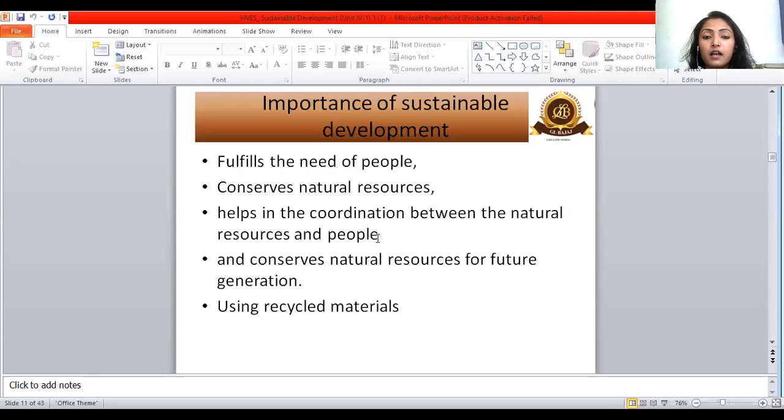If I start taking care of natural resources, there would be good coordination between both. Conserving natural resources for future generations: I should not think only about my need, I should conserve natural resources so my future generation can also use them. When I am using recycled materials, I am not contributing waste to the environment. Every time I recycle something, I am not contributing much waste to the environment.